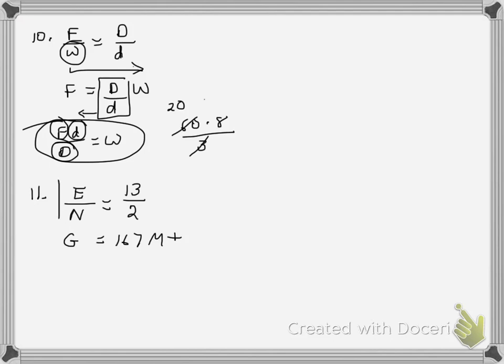Well, this is expenses to net, but I'm given gross and I want expenses. So if I change this to expenses to gross, my gross is 167 million plus, I'm being very sloppy, not giving the exact amount there, then I need expenses over here in the reduced one, which is the 13, but my gross is not the 2.